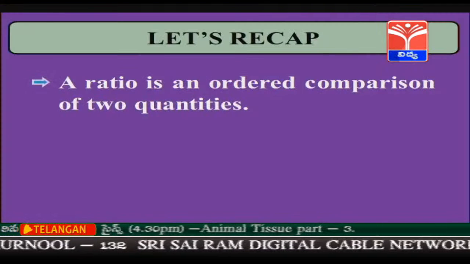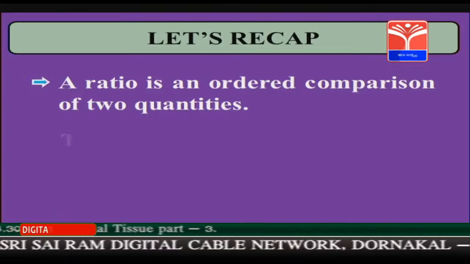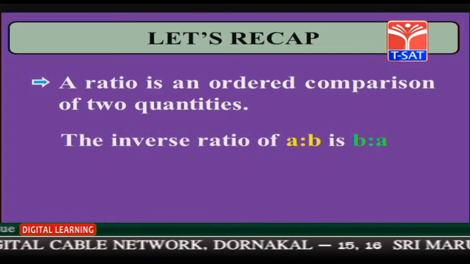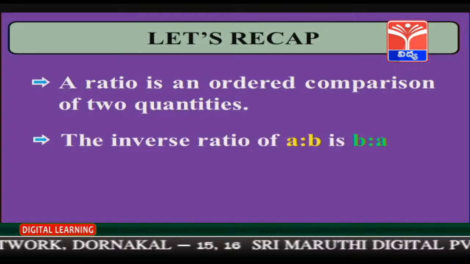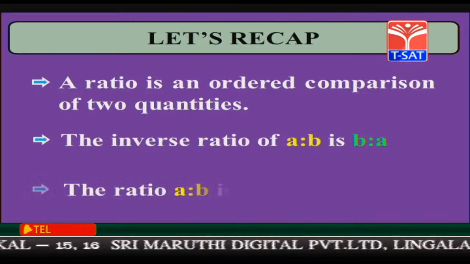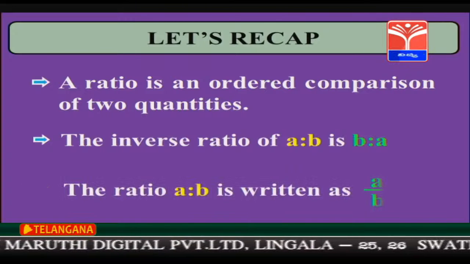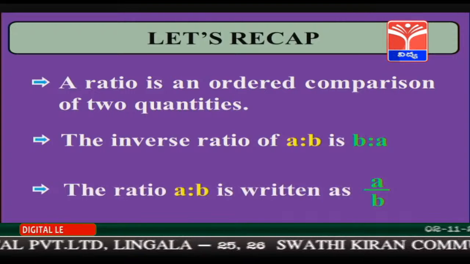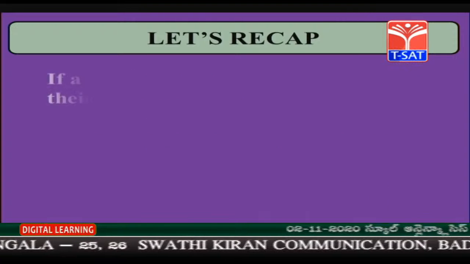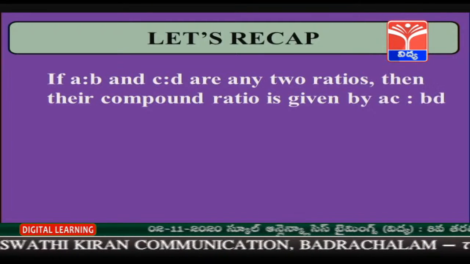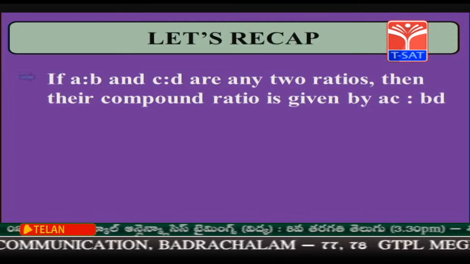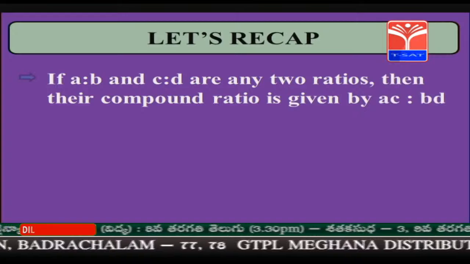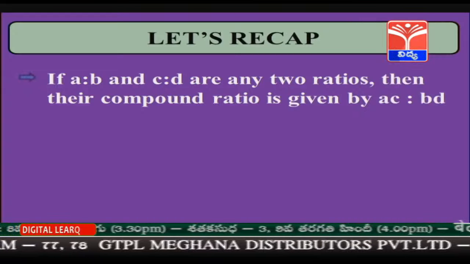Now, before we conclude, let us quickly recap what we have learnt in this session. A ratio is an ordered comparison of two quantities. The inverse ratio of A is to B is B is to A. The ratio A is to B is written as A by B. If A is to B and C is to D are any two ratios, then their compound ratio is given by AC is to BD.